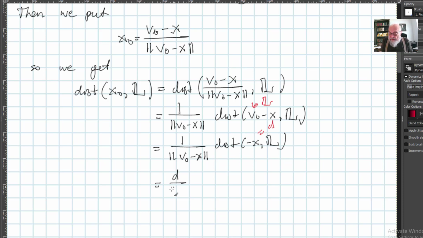So this is d divided by the norm of v0 minus x.